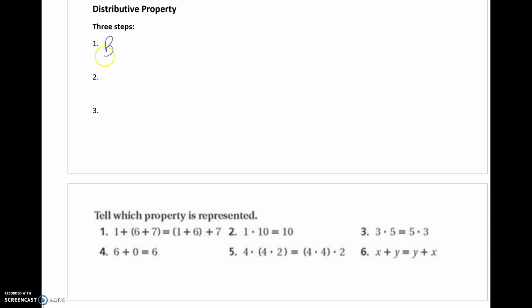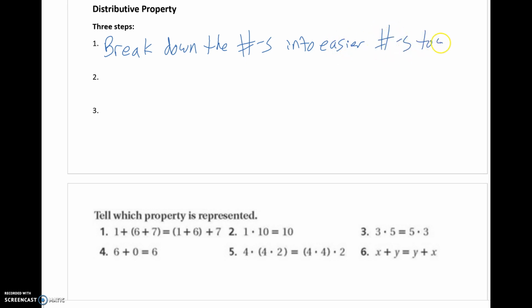Number one, you break down the numbers into easier numbers to work with. But bottom line is you're breaking down the numbers, okay?